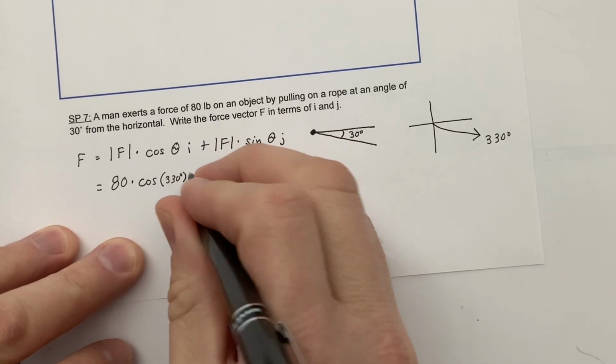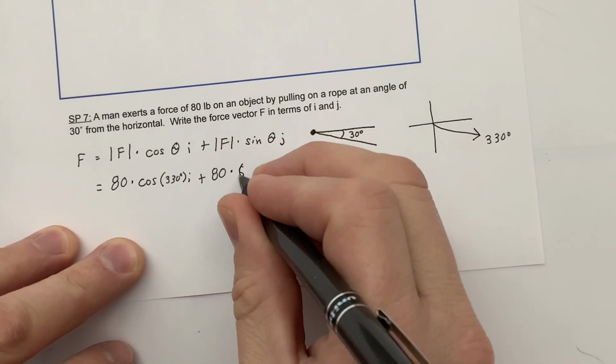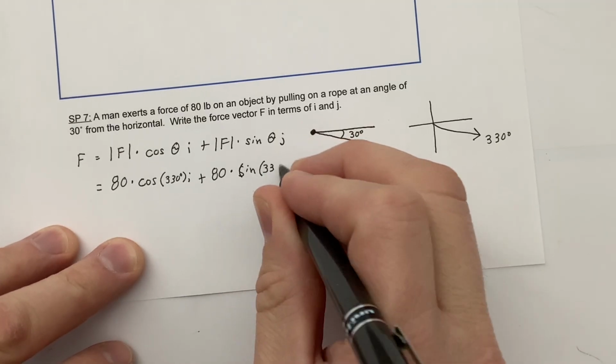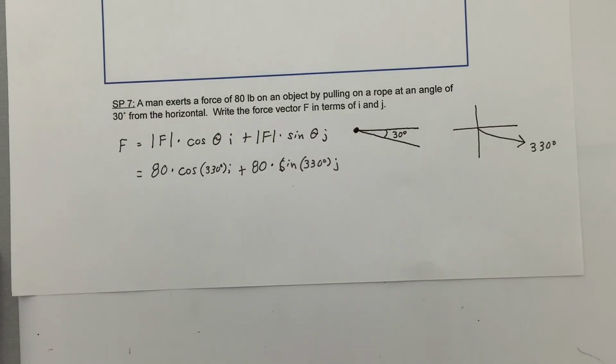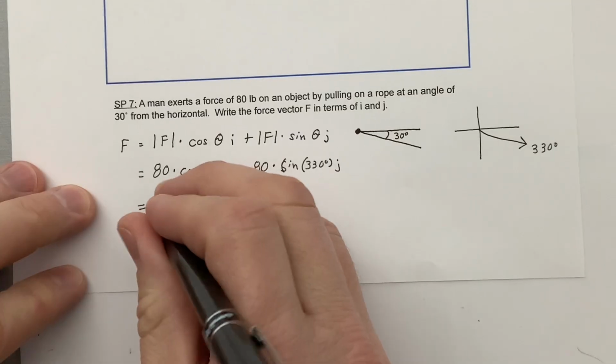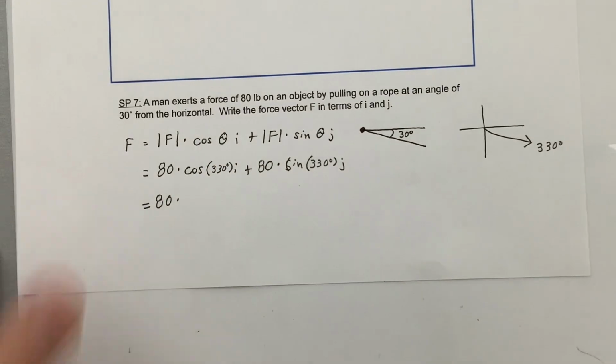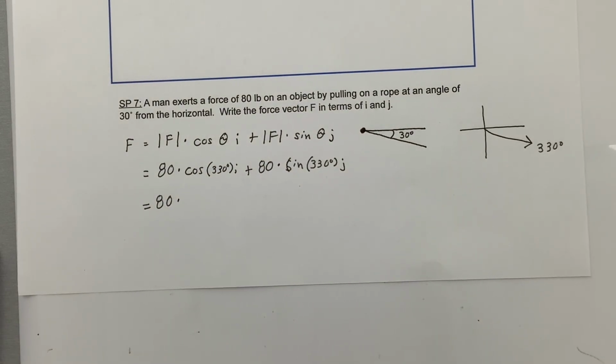330 degrees, i, and then sine of 330 degrees, j. Yep, unit circle. Go ahead and take those out. Cosine of 330, x value at that location.